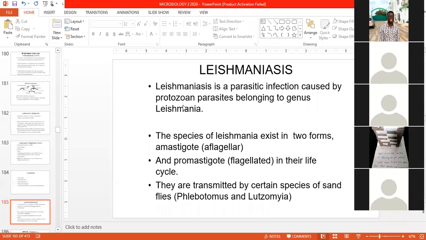Okay. So we are moving on to Leishmania. It belongs to the genus Leishmania, and the species exists in two forms.